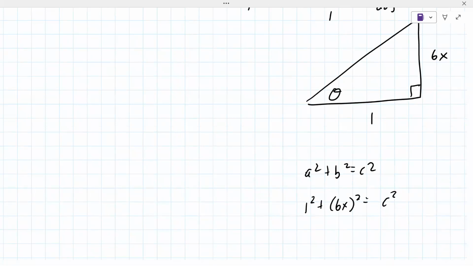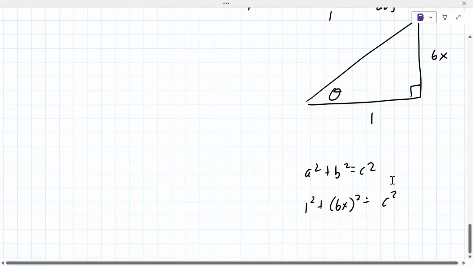That's c squared. You want c. You should square this, and carry it all the way through. You do want it simplified as much as you can.